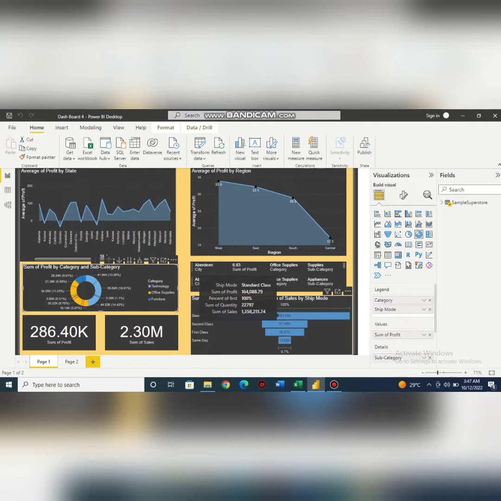Okay, why does the same day ship mode have less profit? Because the quantity of products in which sales are generating and the sum of sales in the same day is least, more in first class, even more in second, and even more in standard.